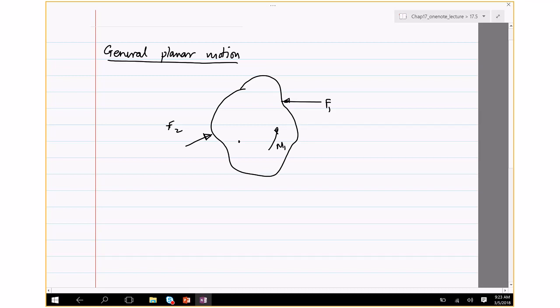This is going to be my FBD. And some of those forces which I've drawn may include reaction forces. They may be unknowns.